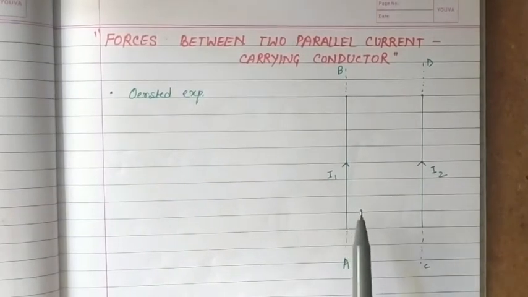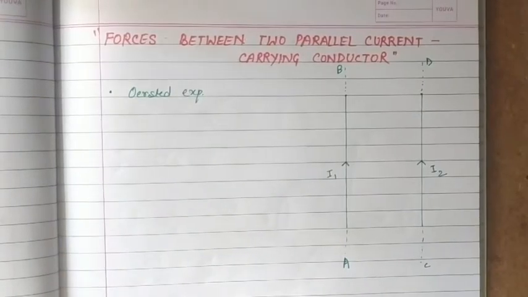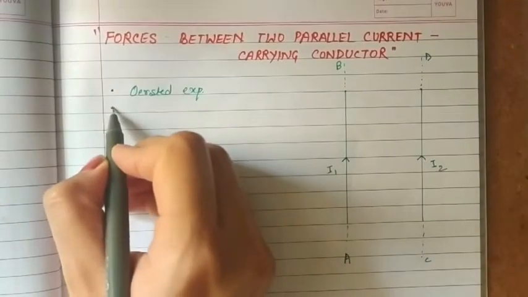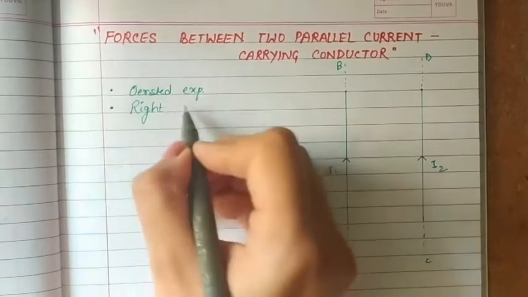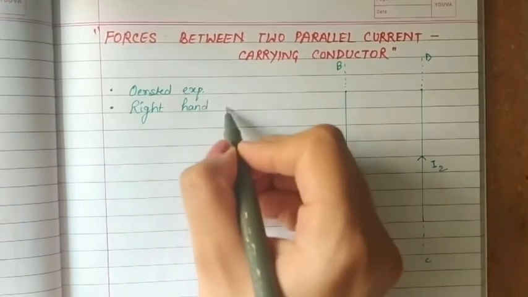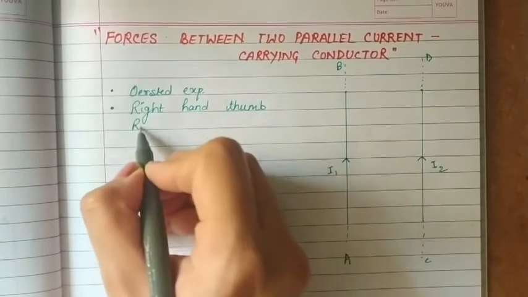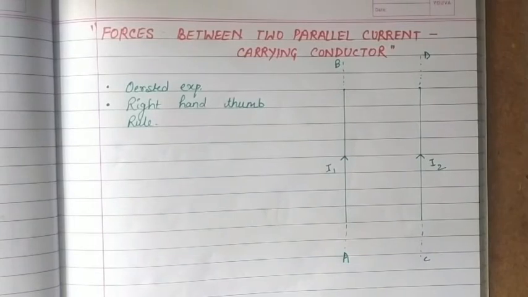Okay, means a current carrying conductor is capable of generating a magnetic field in its nearby region. Second concept is the right hand thumb rule, that we are going to use to find the direction of magnetic field.